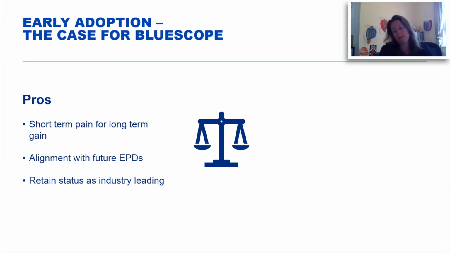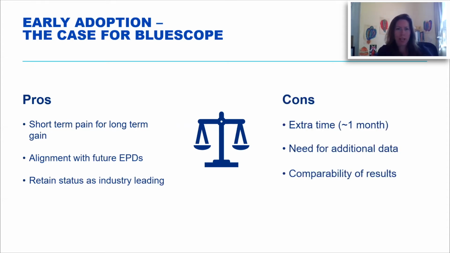So we may publish these ones to the old standard, but if we want to publish any future EPDs, then they'll likely be done to the new standard, and then we'll have 2 sets of EPDs that look a bit different and might cause a bit of confusion in the market. So that informed some of our decision making. And then, of course, we wanted to retain our status as being ahead of the curve rather than following. So that was another factor.